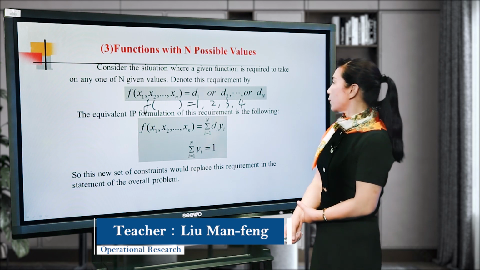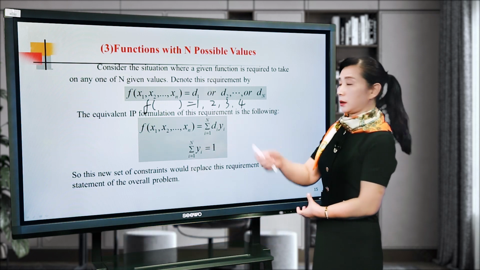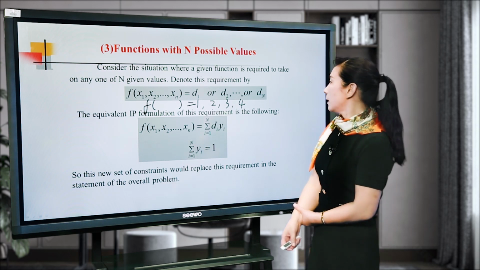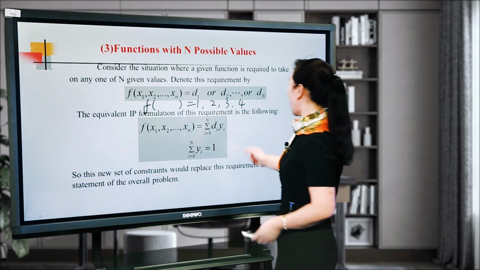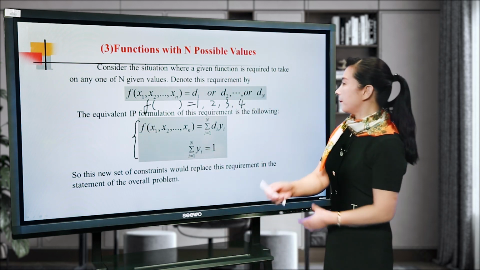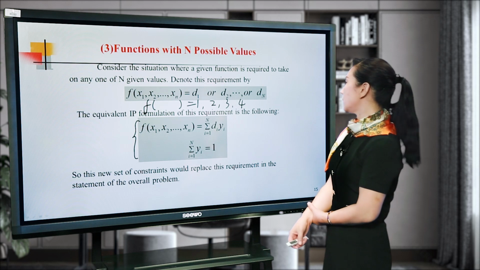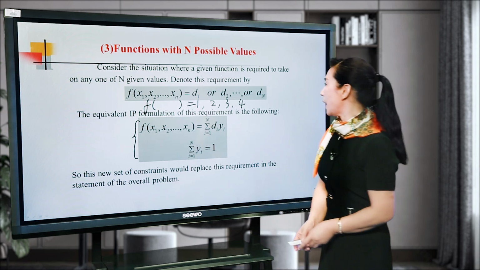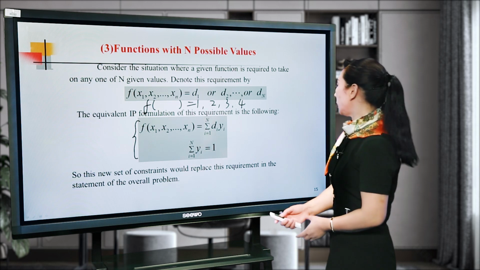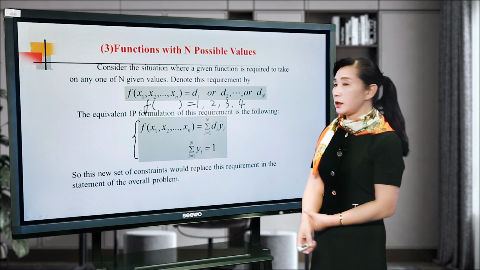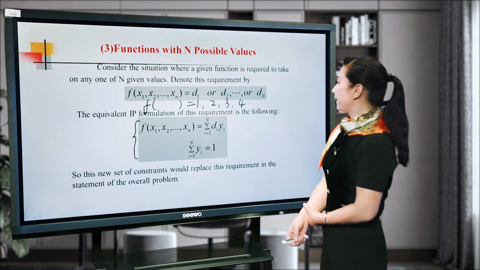So if we write these as general constraints in the program, the equivalent constraints are f of x1, x2, up to xn equals the sum from i equals 1 to n of di yi, and the sum from i equals 1 to n of yi equals 1.